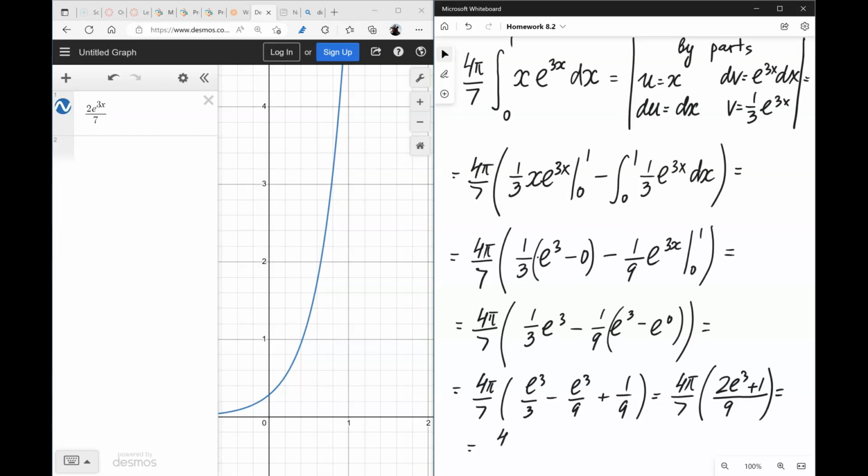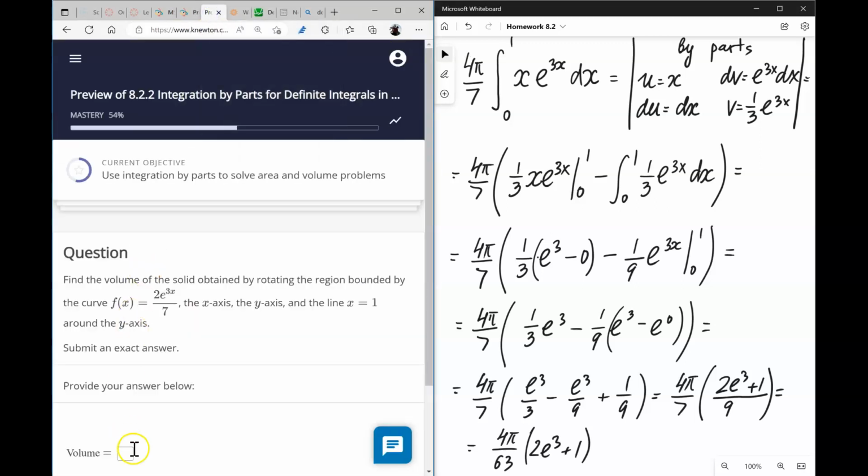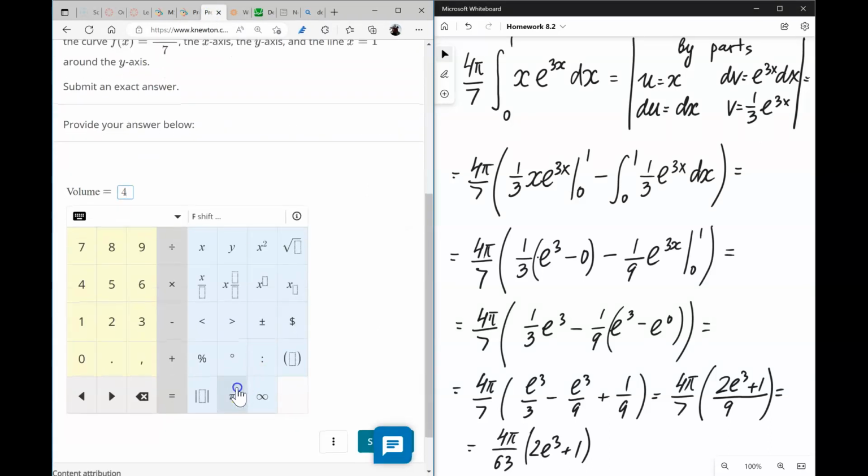It's just 4 pi over 63 times 2e cubed plus 1. Four pi, parentheses 2e cubed plus 1, all that over 63.